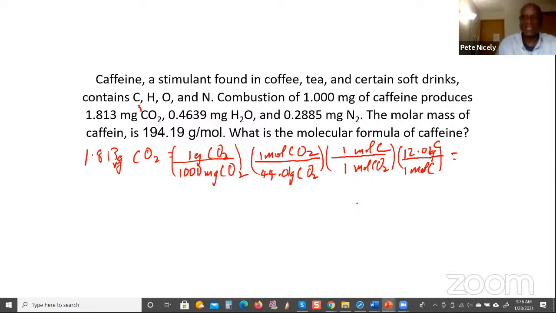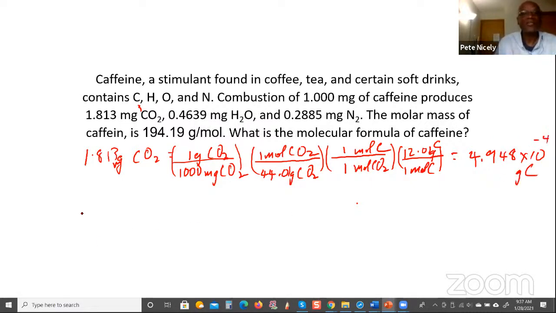According to my calculations, this works out to be 4.948 times 10 to the minus 4, and this would be grams of carbon.